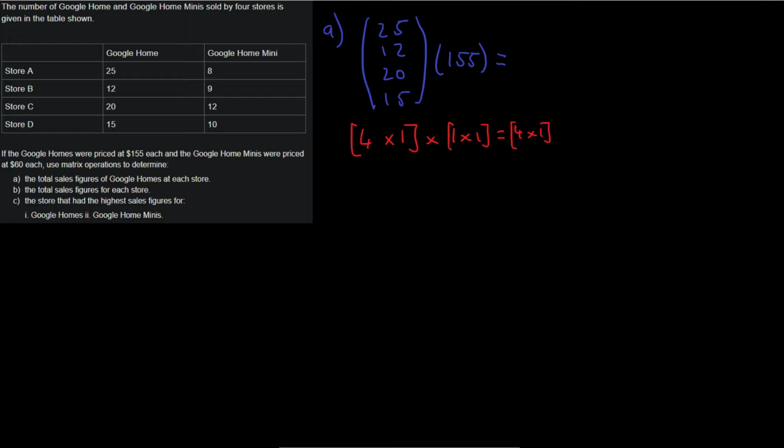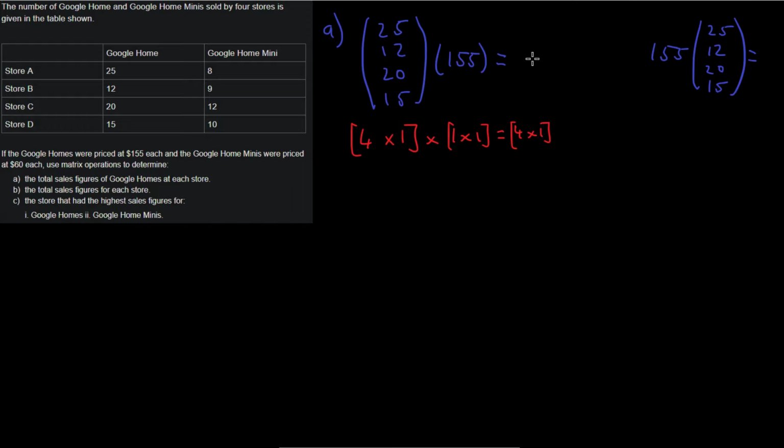If I did a scalar multiplication, I could do 155 multiplied by this matrix. And what that means is 155 is going to multiply each of these individual elements in the matrix, and you'll get the exact same answer. This is a scalar multiplication because it uses one number to multiply everything in there. This is a more universal approach where it's a matrix times a matrix.